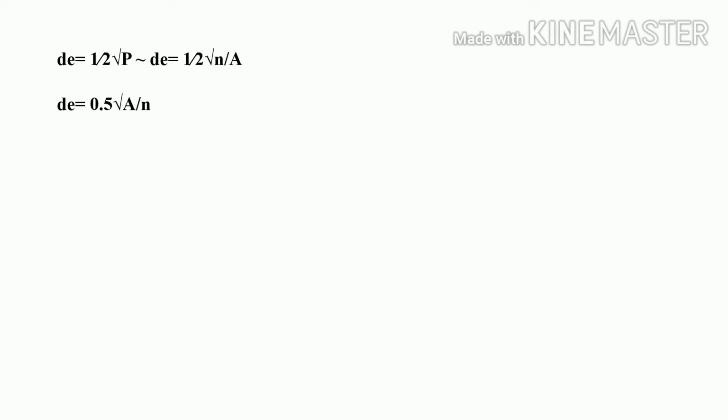Okay, I'd like to clarify one small thing at the end of this video. The formula for DE that I have used in this video is 1 upon 2 root P, which you can also write as 1 upon 2 root N over A. But over the internet you can find another formula, that is D equal to 0.5 into root over A over N. This formula is derived from this one itself.